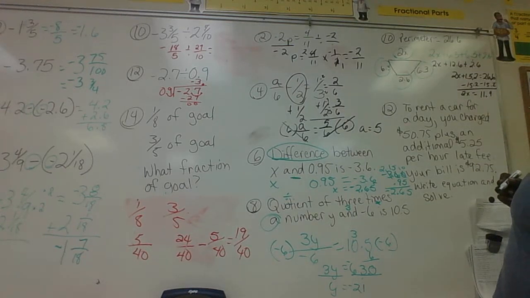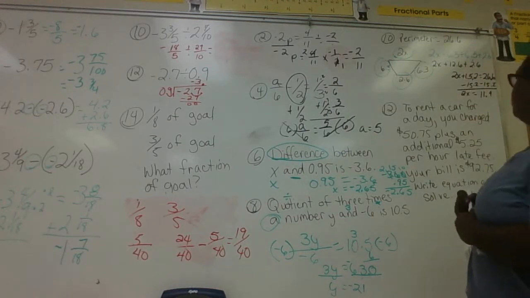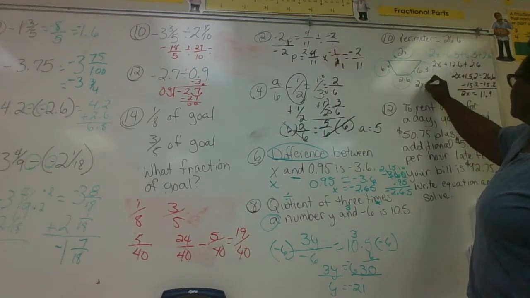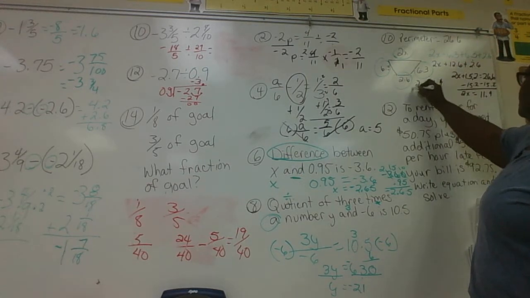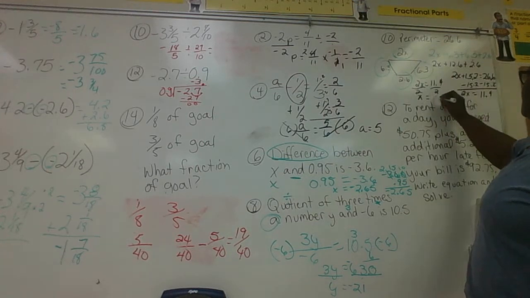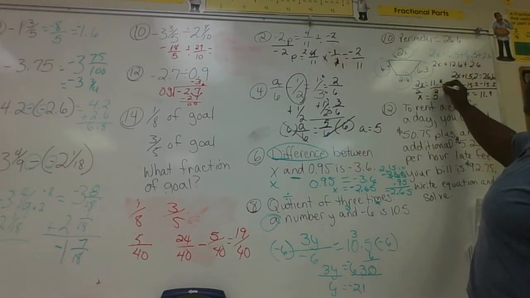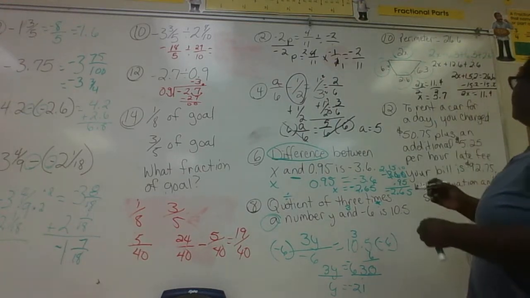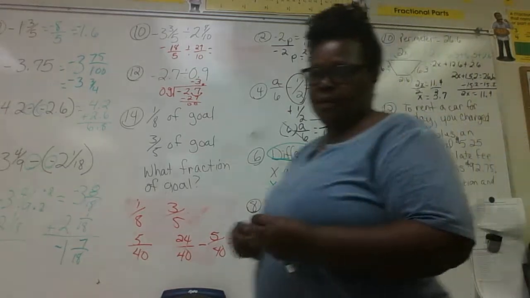So now we need to divide both sides by 2. We're going to rewrite it over here for clarity. 2x is equal to 11.4. Divide both sides by 2, and x will be equal to 5.7. That's what I get. Okay?